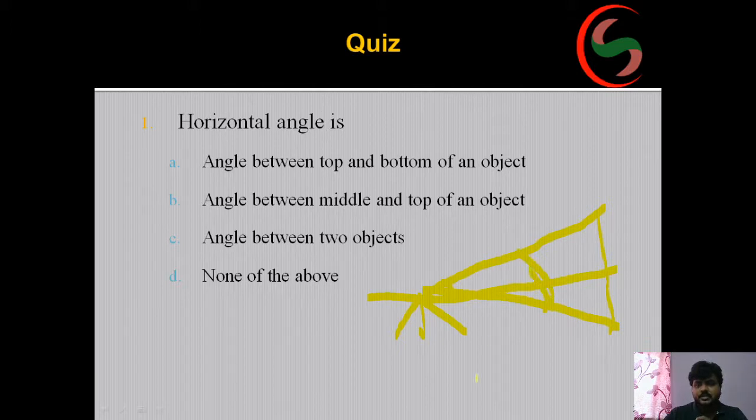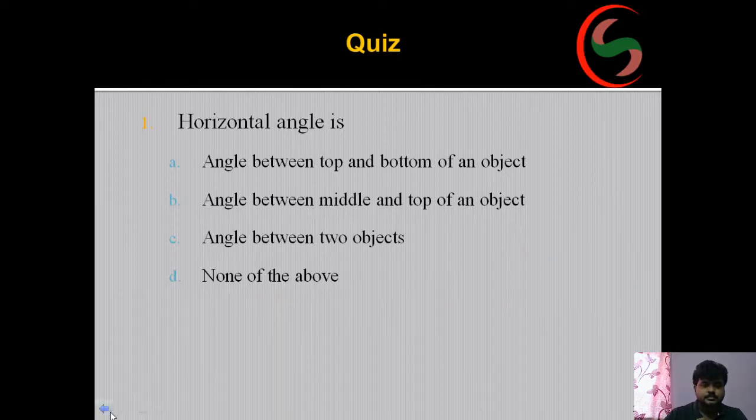With this, you can find out the height of an object. Now what is the angle between two objects? What we have learnt: point P and point Q are in the vertical plane and these are in the horizontal plane. So, angle between two points.